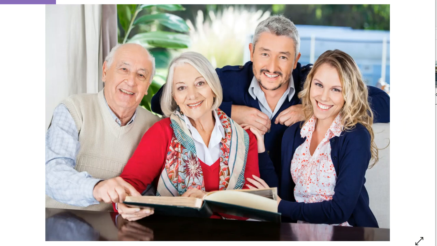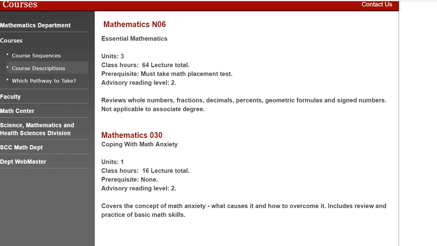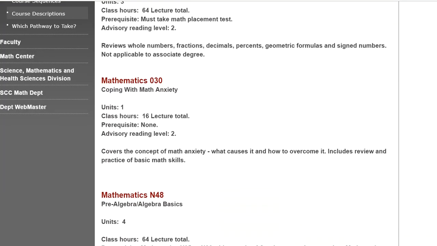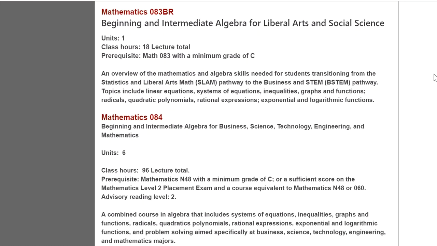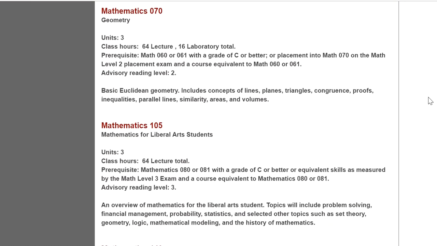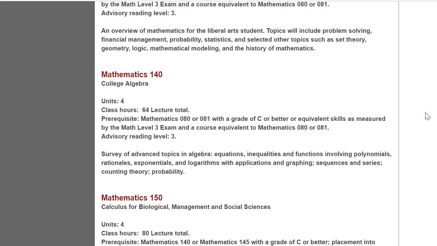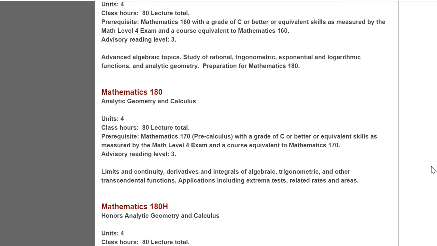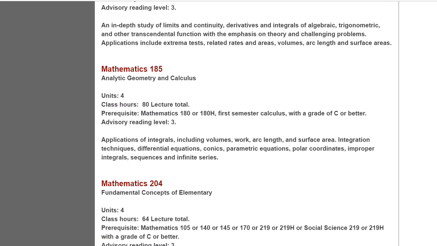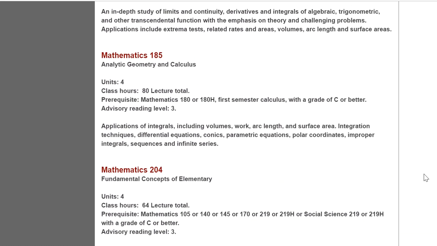Here are the prerequisites for an advanced college algebra class. These are the prerequisites for that course. Are you kidding me? I don't need, what? What? Look at, my head is just like, what do you mean? I don't even know what you're talking about.